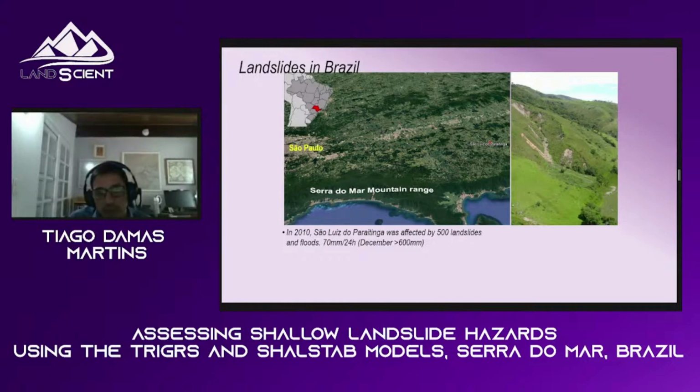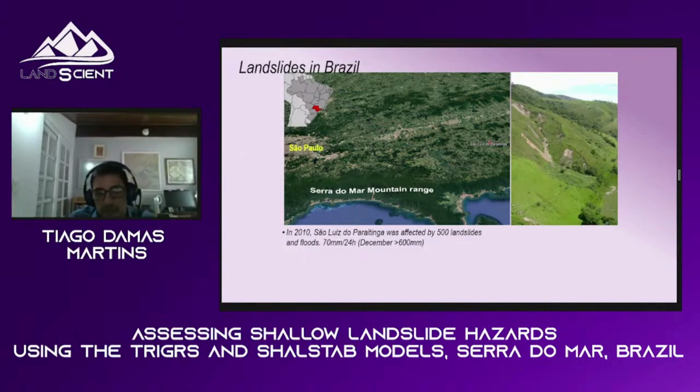So more than 500 landslides were recorded during late December 2009 and early January 2010. And during this time, we registered at least 600 millimeters of rain.